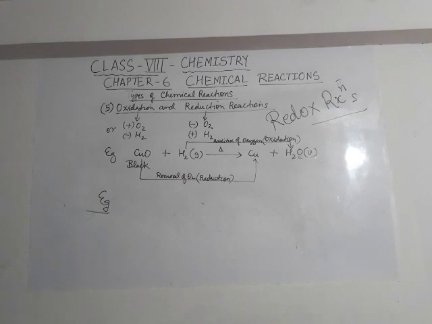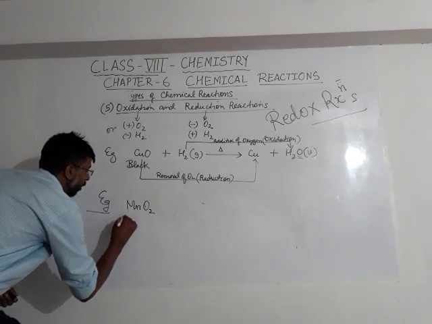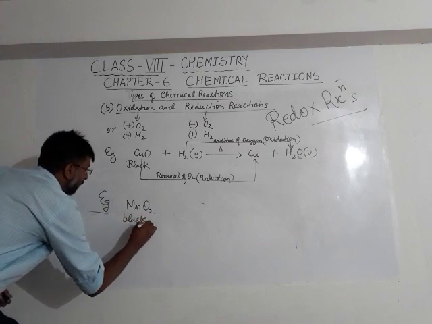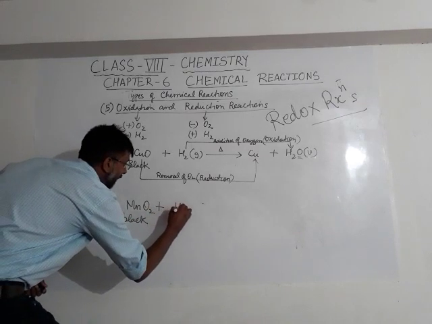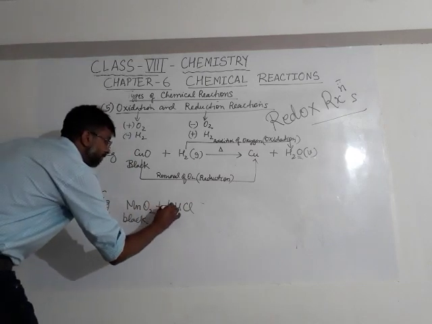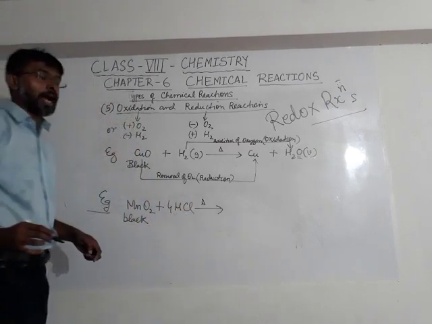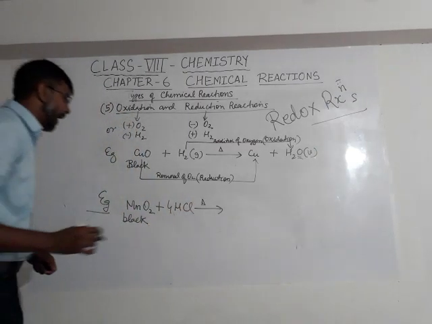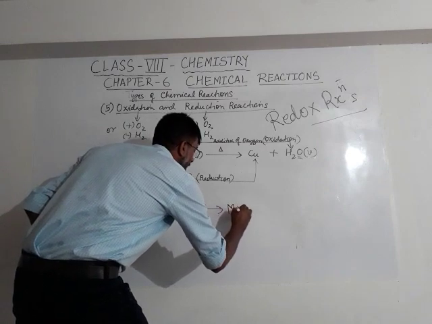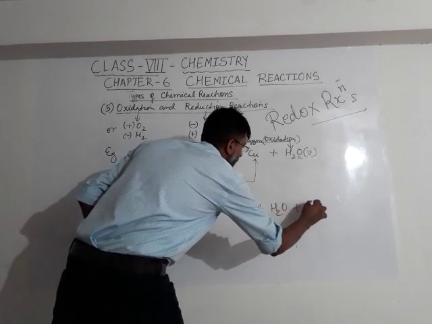The next example is the reaction between manganese dioxide, MnO2, which is also a black colored powdery substance, with concentrated hydrochloric acid. Of course there is a high temperature, and the products formed will be MnCl2 plus water vapor plus chlorine gas.